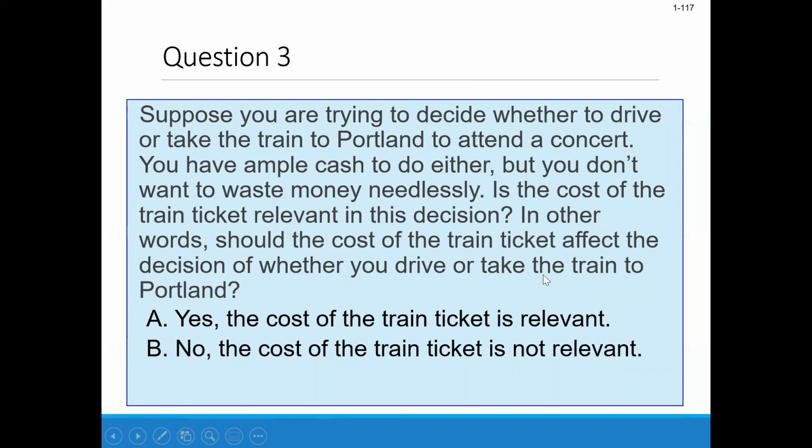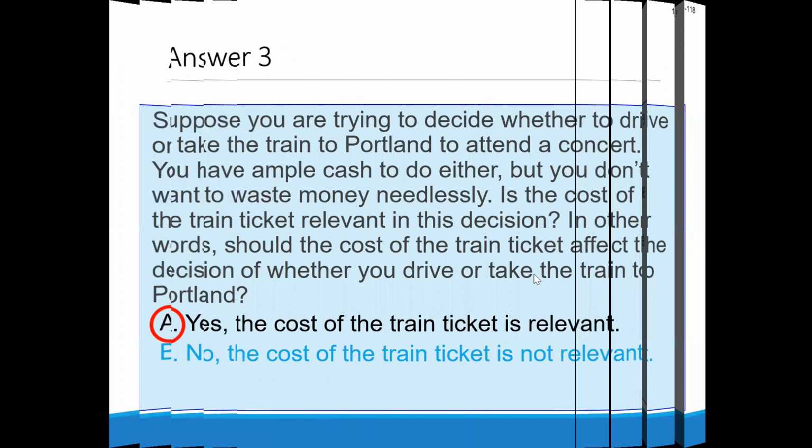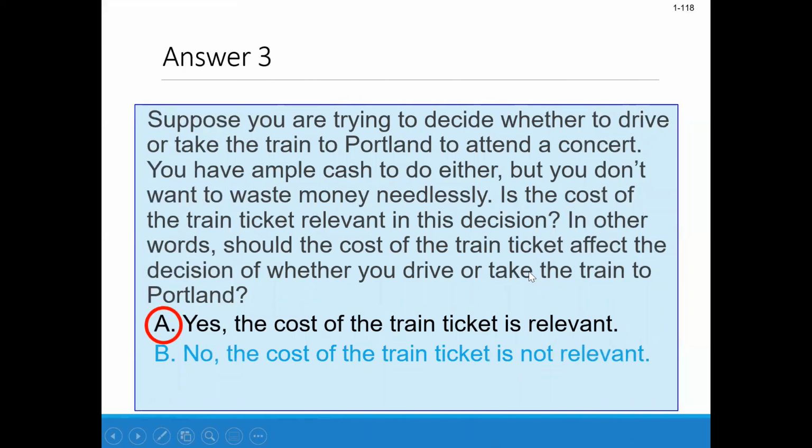Do you think the train ticket's relevant? I'd say it's relevant. Because you have to take into account the ease of not having to pay attention while driving, the parking. But if the train ticket's just exorbitant, wouldn't that modify your decision? Possibly, or take it into account.